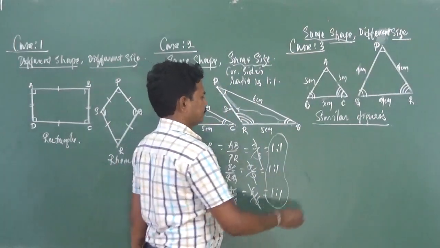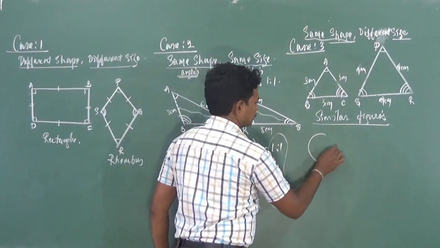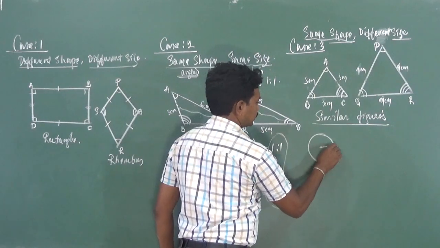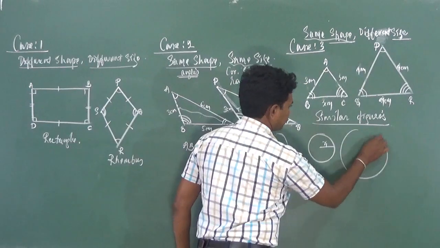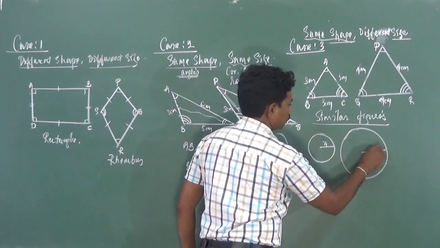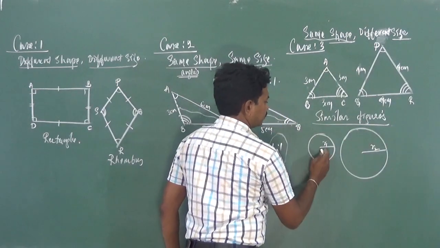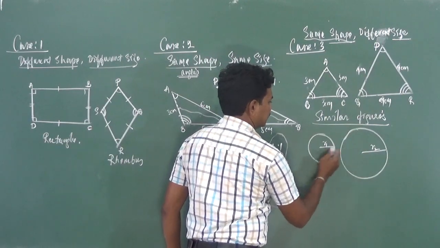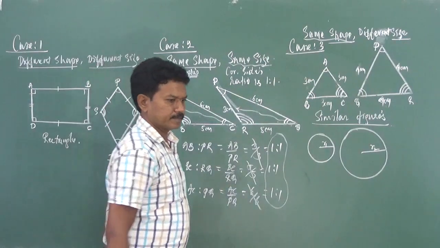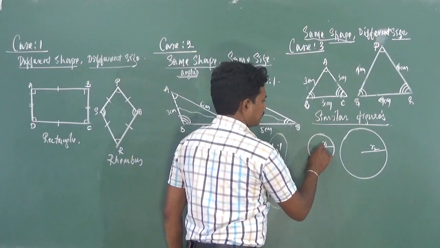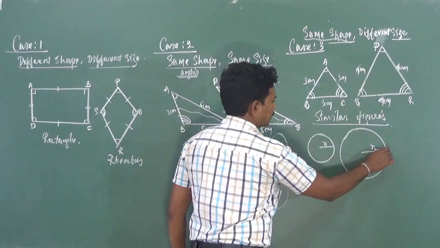For example, if you take two circles, this is a circle of radius R1 and this is a circle of radius R2. When you see these two geometrical figures, two circles are always similar. They have the ratio R1 to R2.